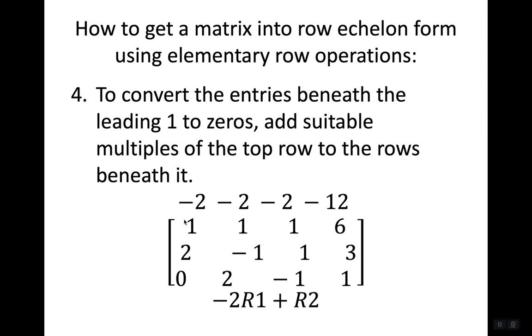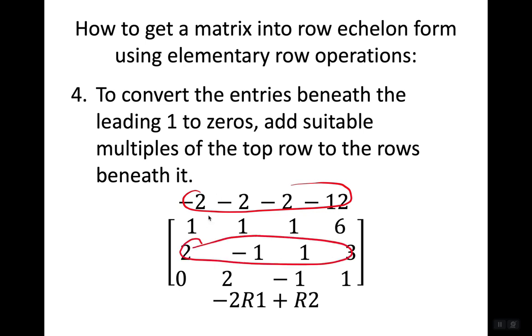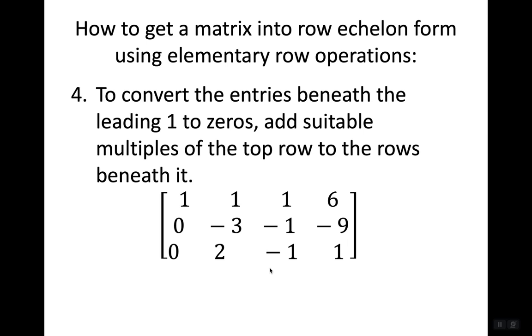So multiply row 1 by -2, and we end up with -2, -2, -2, -12, and let's add that to row 2. When you add these to these, -2 plus 2 is 0, -2 plus -1 is -3, -2 plus 1 is -1, and -12 plus 3 is -9. So this is what we end up with.